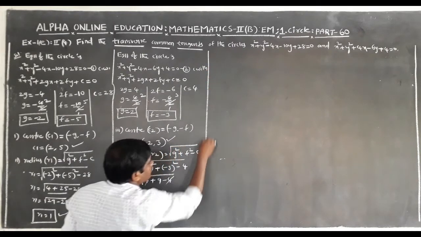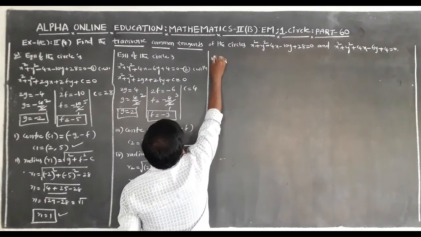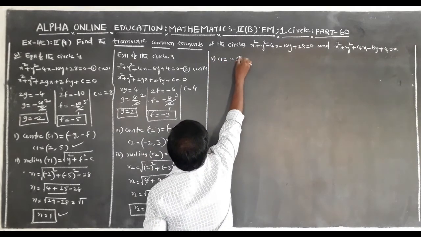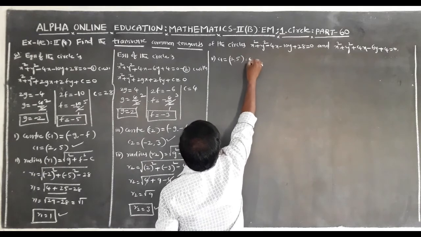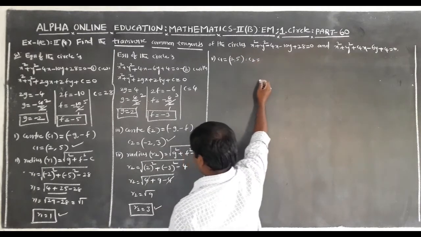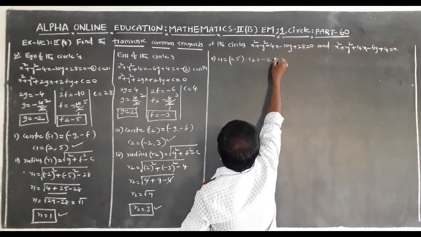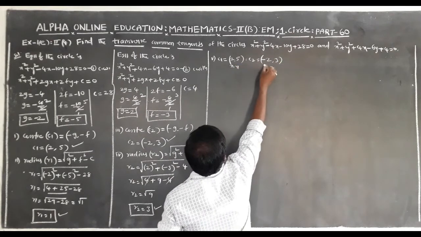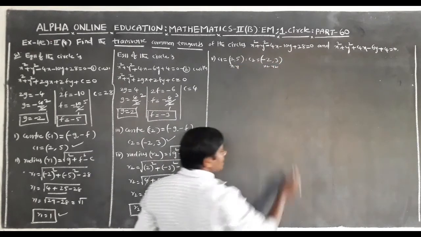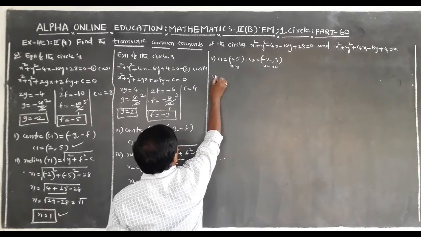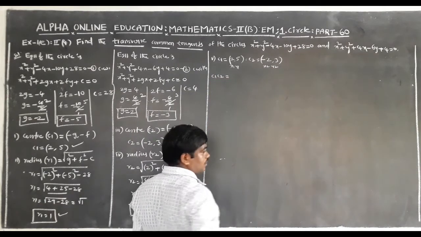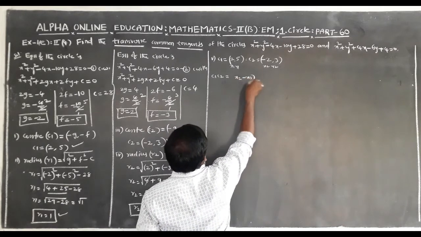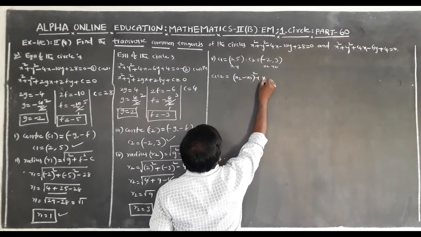Again find the values of C1 and C2. C1 is equal to (2, 5). C2 is equal to (−2, 3). Let C1 be (x1, y1) and C2 be (x2, y2). C1C2 means the distance between the two points.